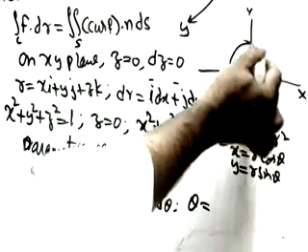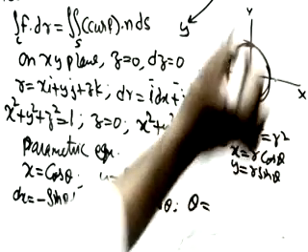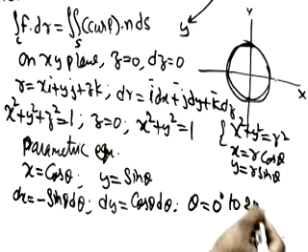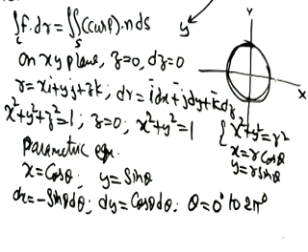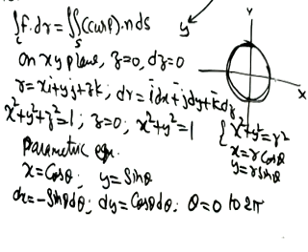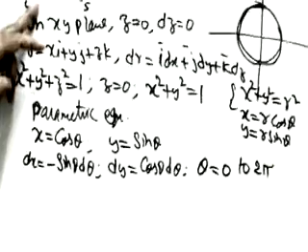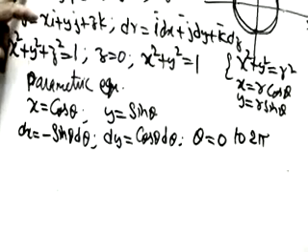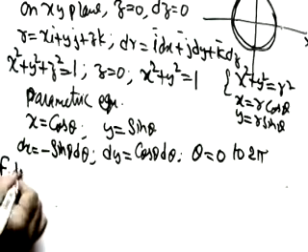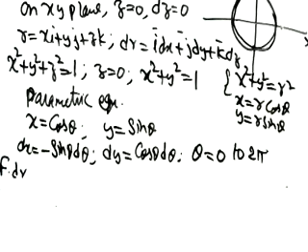For the circle, we go one complete rotation, so theta goes from 0 to 2 pi. Next, let me find F dot dr. For the left hand side we have the integral of F dot dr.